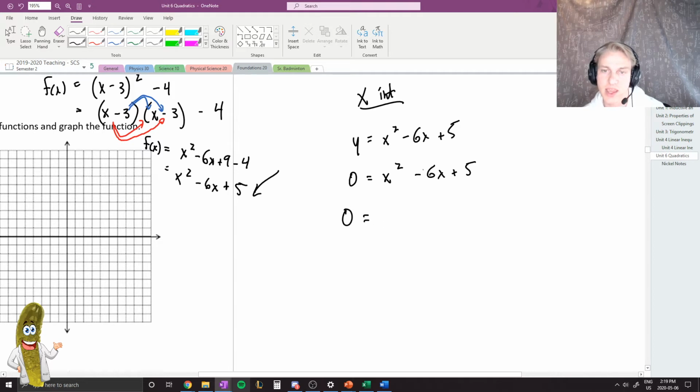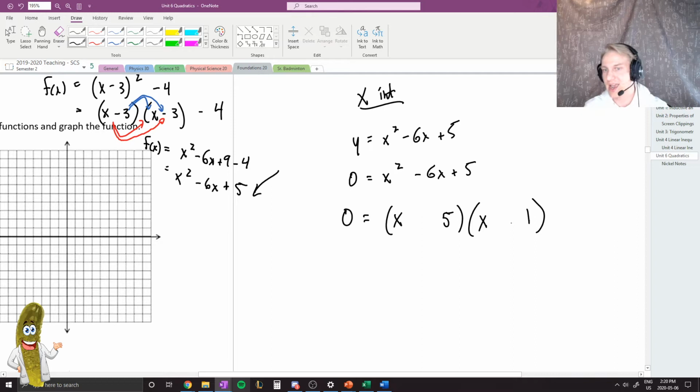So I would need to think of two numbers that when multiplied together equal 5, and the only two numbers I can think of are 5 and 1. The next thing I need to decide is how I can achieve just an x squared. The only way is if I take an x and multiply that by another x. So I know for sure that I will need two x's, and inside of these brackets a 5 and a 1.